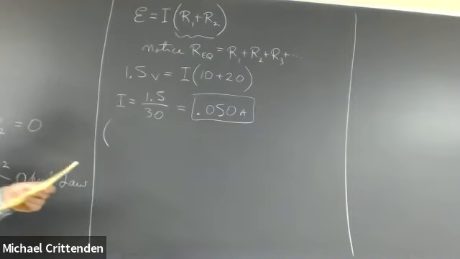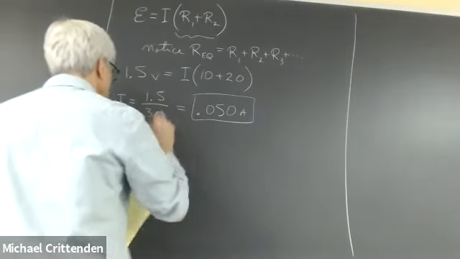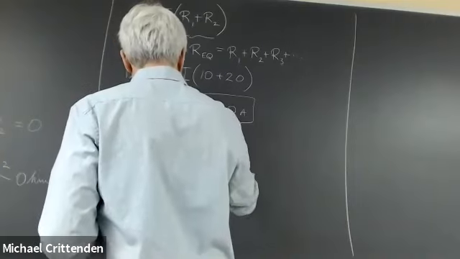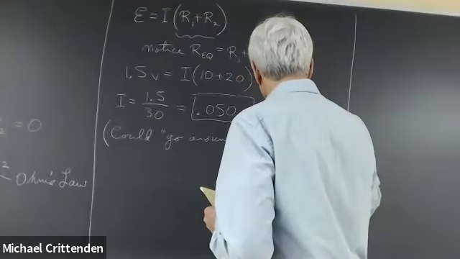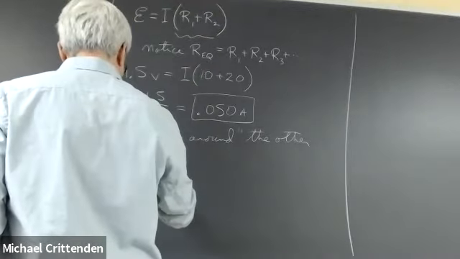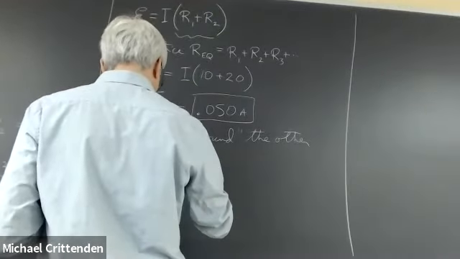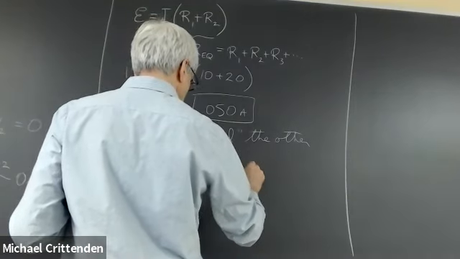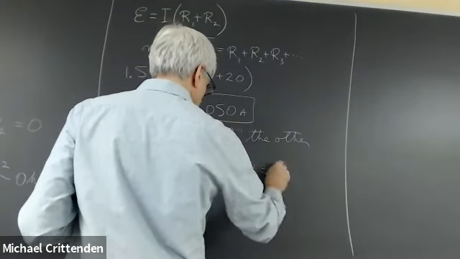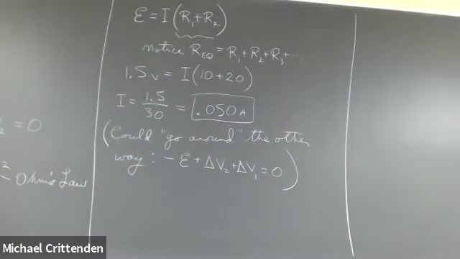I already said this a minute ago, but when I was back over here first drawing my drawing, I said that I was going to go around the picture clockwise, but you could just as easily and just as correctly go around counterclockwise.